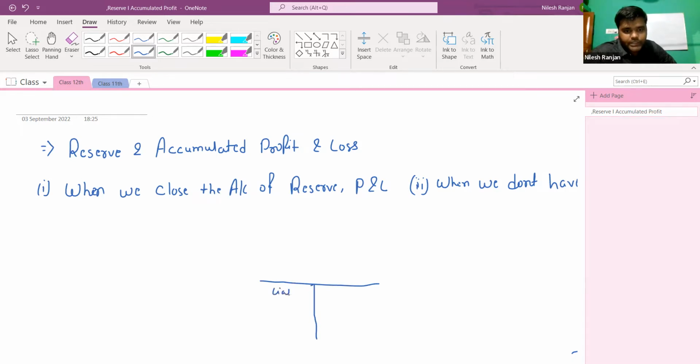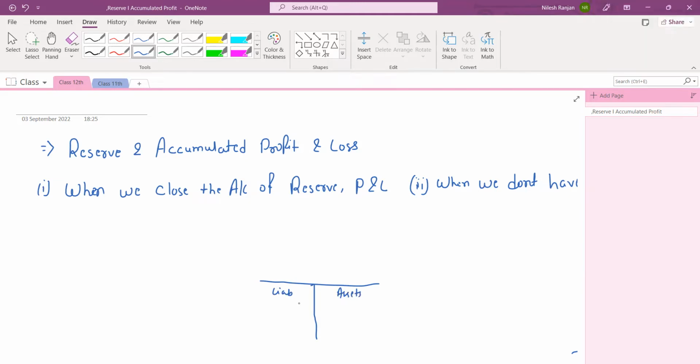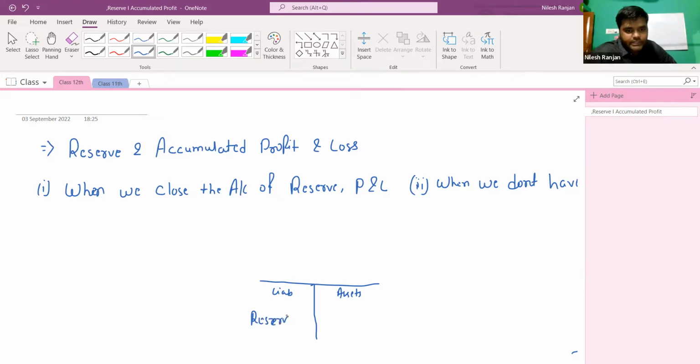It's liabilities and assets. So we are talking about the balance of reserve: is it on the debit or credit side? It is always on the credit side.